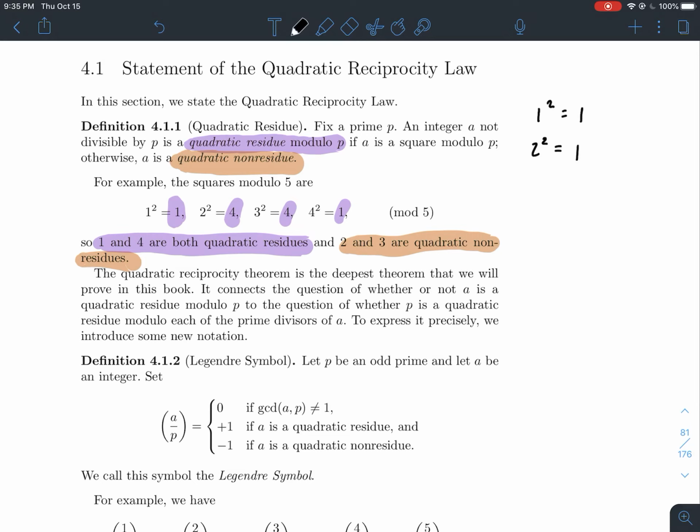So mod 3, 1 is a quadratic residue, whereas 2 is a quadratic non-residue. Hope it makes sense how that works. Again, 1 was the only thing that showed up as a square.